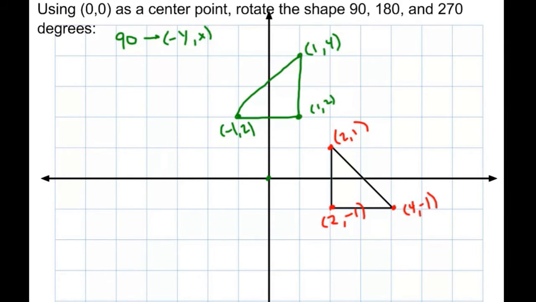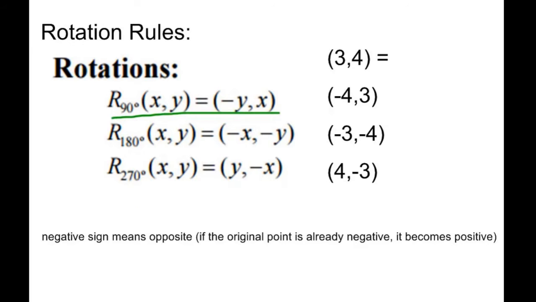Okay, the second rule we're going to look at is a 180-degree rotation. In order to do that, you simply make your x and y negative, or their opposites. So for example, if our original point is 3, 4, our 180-degree rotation will make it -3, -4.